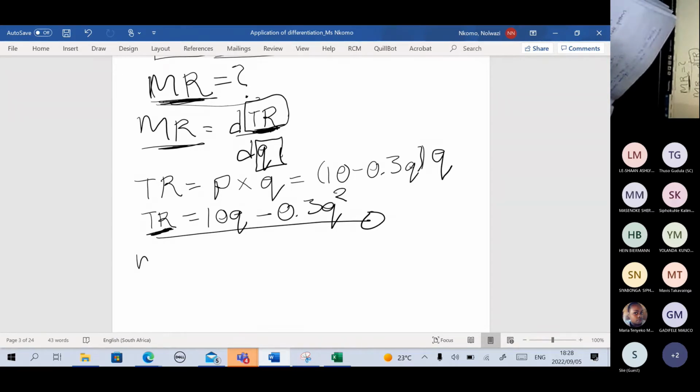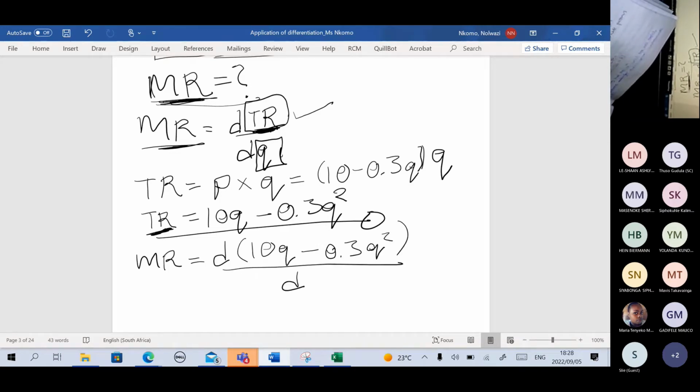So we have the marginal revenue as the derivative of the total revenue, and our total revenue, we know it's 10Q minus 0.3Q squared, right?